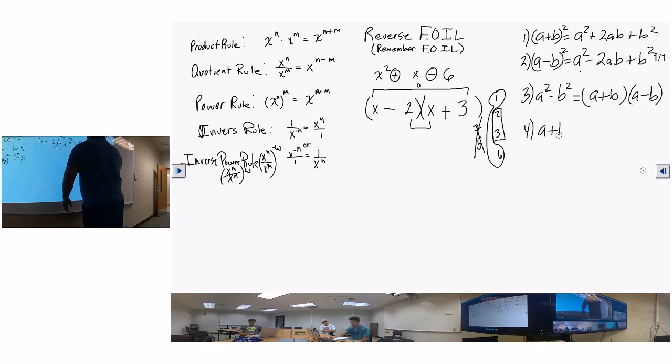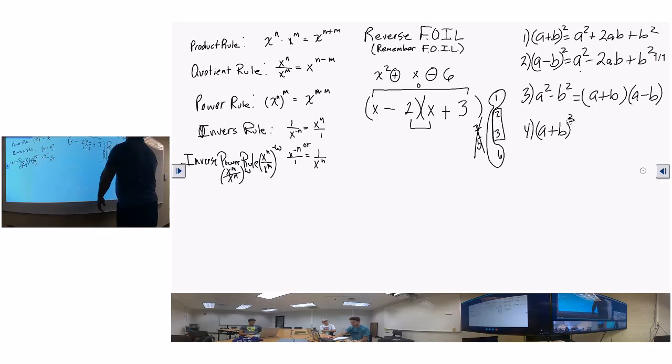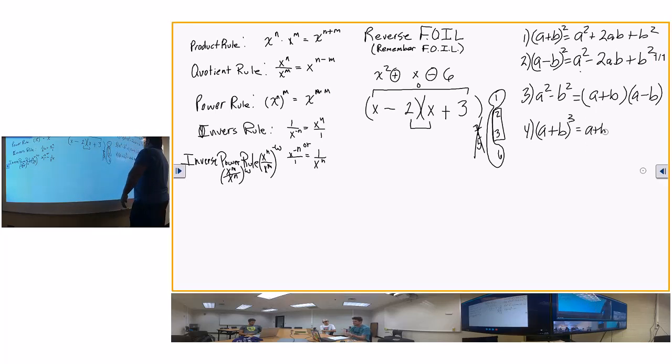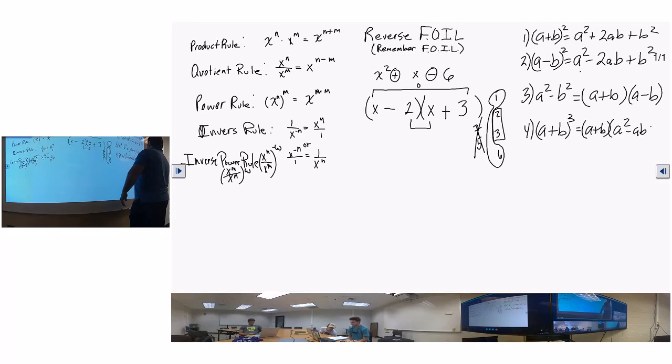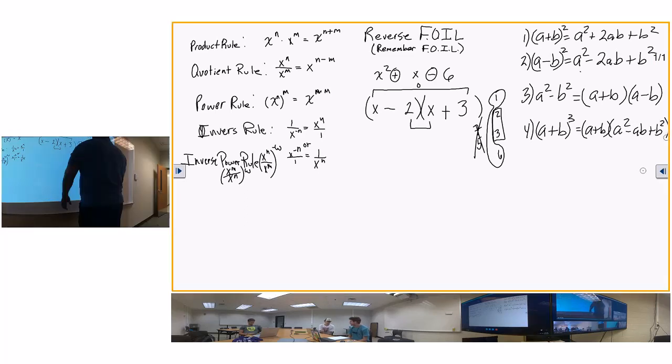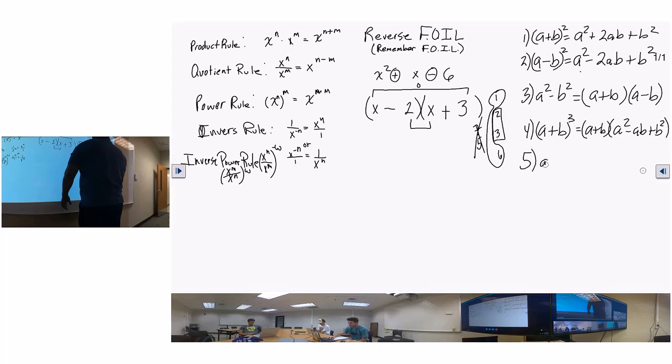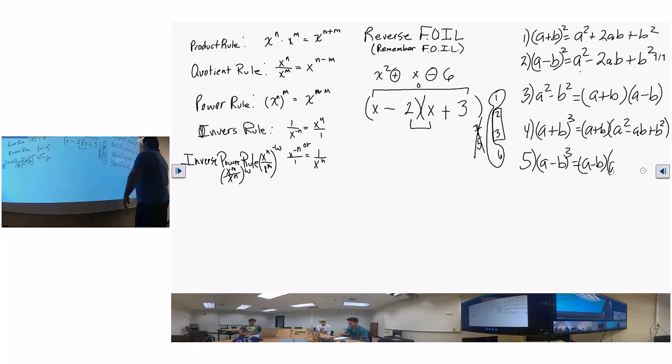A plus B to the third power is equal to A plus B times A squared minus AB plus B squared. And 5. A minus B quantity cubed is equal to A minus B times A squared plus AB plus B squared.